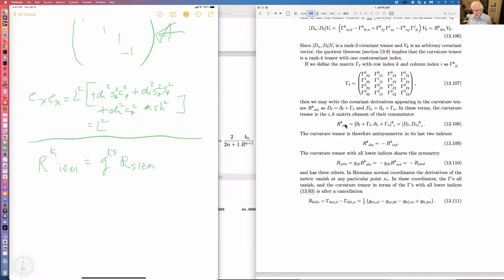This thing, R^k_{iln}, is, if you take the commutator of two covariant derivatives and you look for the ki matrix element of that, that's a 4x4 matrix, you look for the ki matrix element of it, what you get is this expression here.